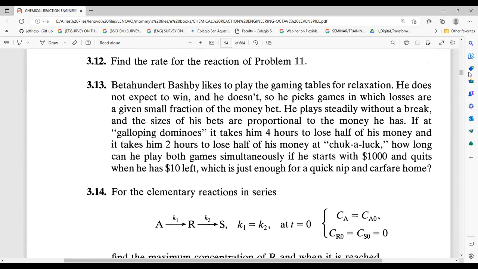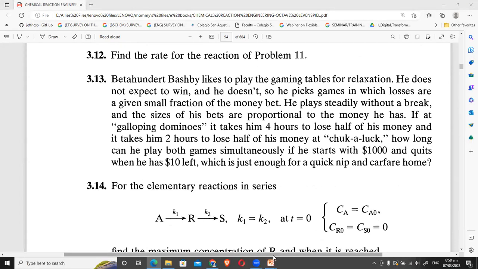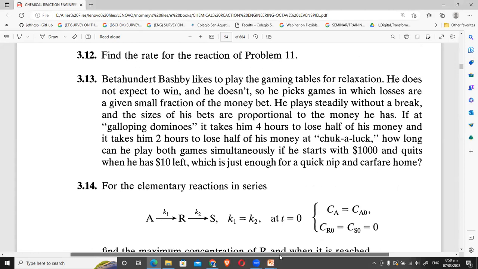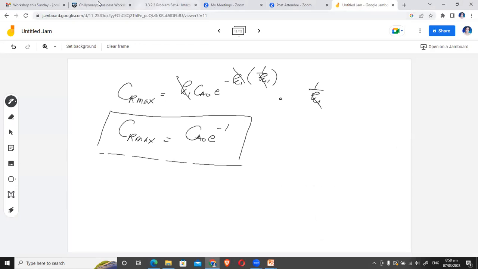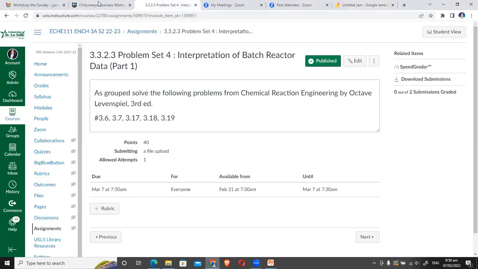Can you see Levenspiel? Yes, miss. We can use this particular gaming problem to illustrate parallel reactions. I think this is not part of the class problem set. I'll just check. 13, so it's not part.